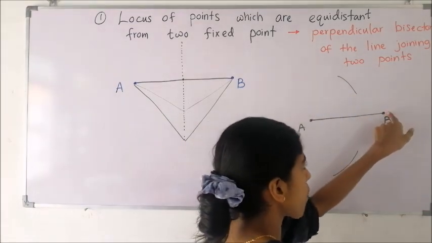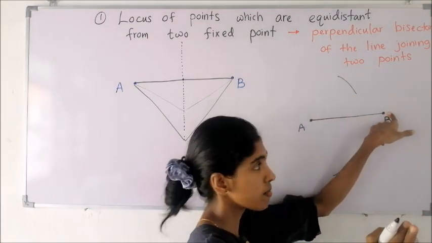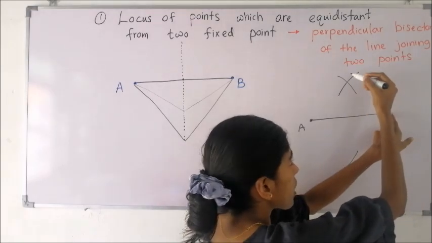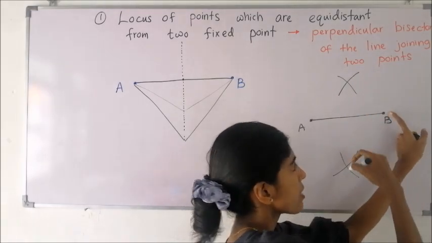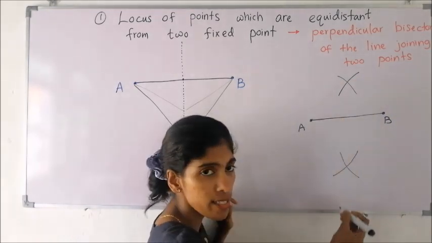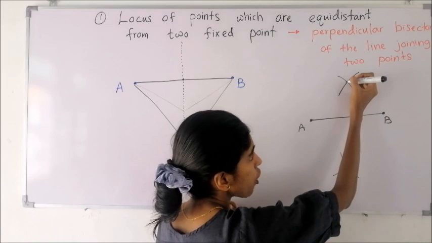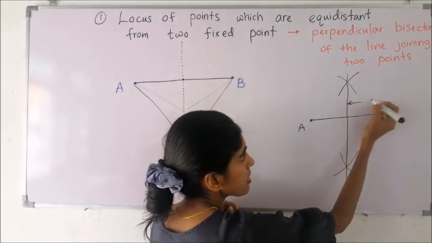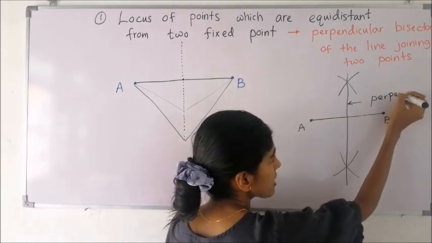Then go to point B without changing the length that you have taken earlier. Draw another arc to cut the previous arc up and down. Now when we join this, we can see another two new points are formed. After joining these two points with the help of a ruler, we get the perpendicular bisector.